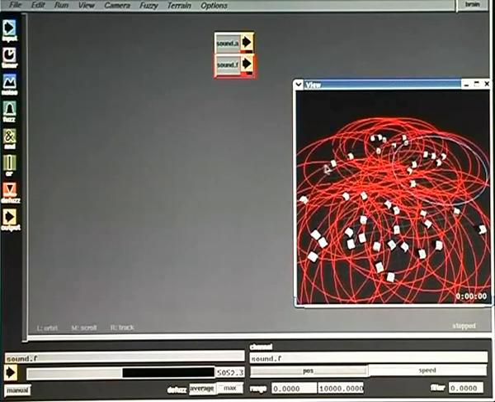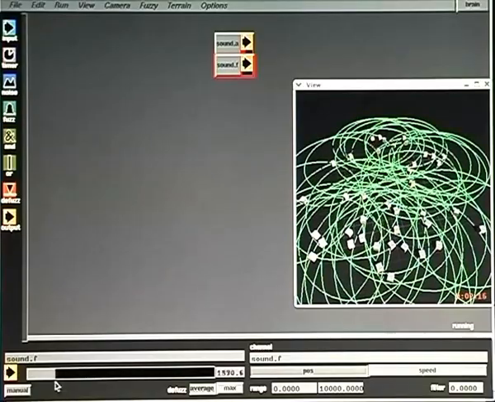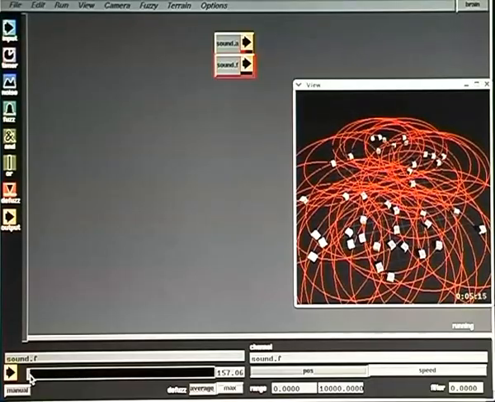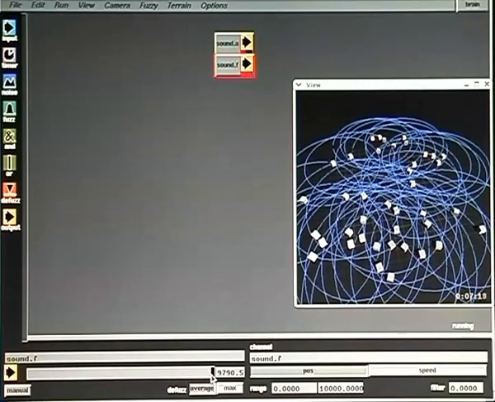So each agent will only be audible within the circle. And the colour of the sound is represented according to frequency. So a low frequency will be red, going through to a high frequency in the blues.